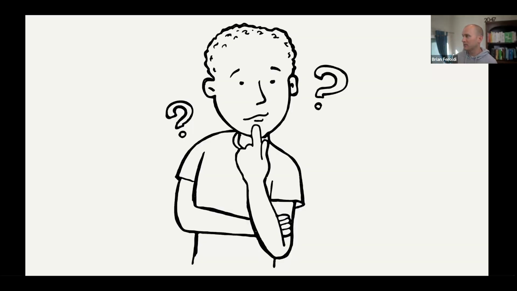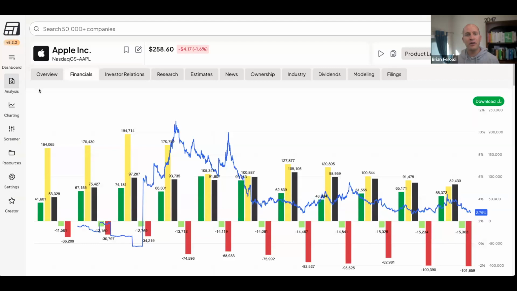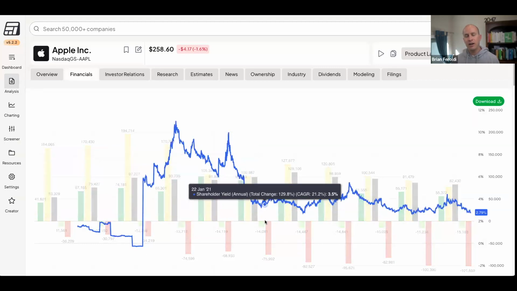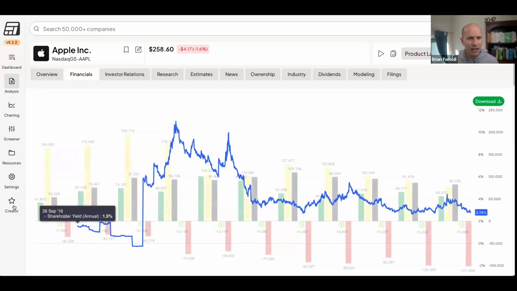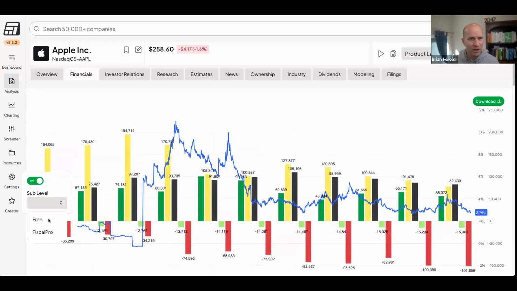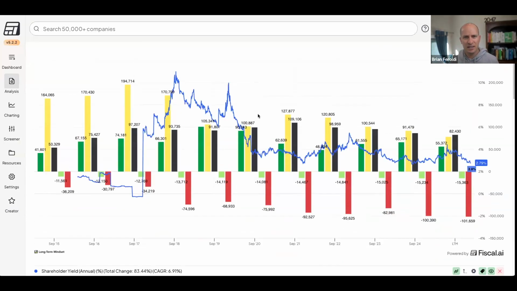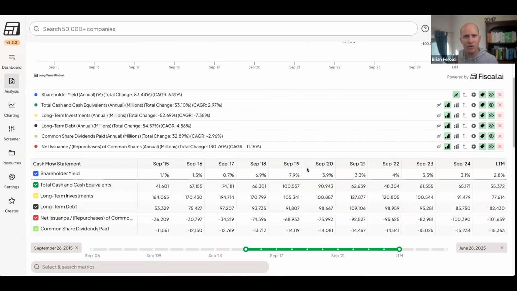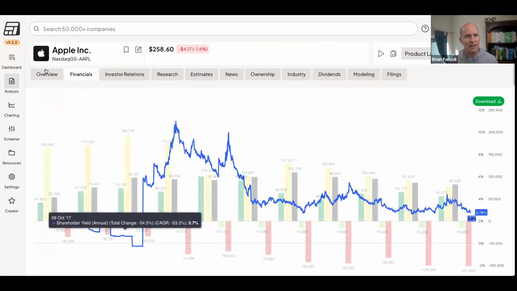Brian, Munir is asking, do you need a subscription to Fiscal AI to use Stock Simplifier? Nope. We designed Stock Simplifier so that you can use the free version of it. I think I can change this. If I go to the free version, I think you get 10 years of data.